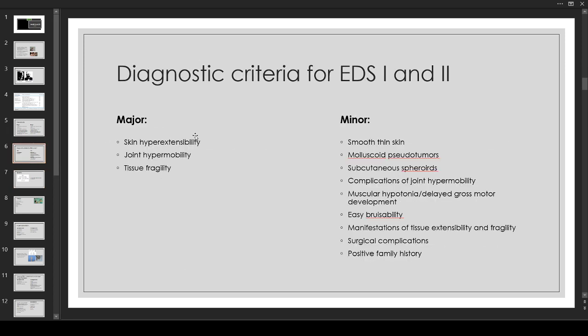And in these kinds of diseases, there are always diagnostic criteria, major and minor. And the major in the first 2 are skin hyperextensibility, joint hypermobility, and tissue fragility. And the minor are going to be smooth skin and smoothness of thin skin, muscular pseudotumors.